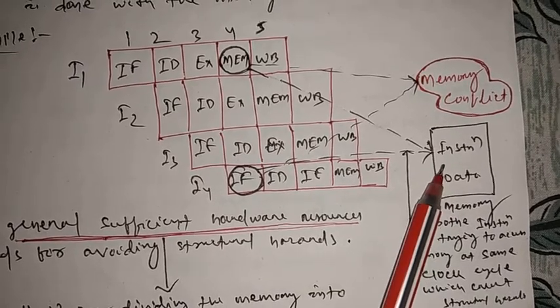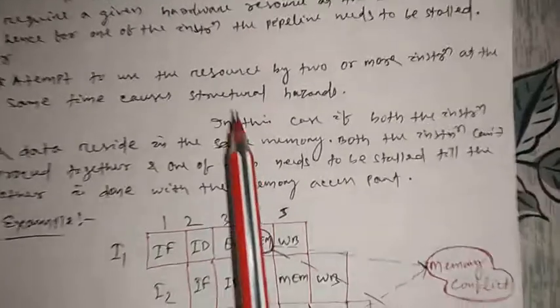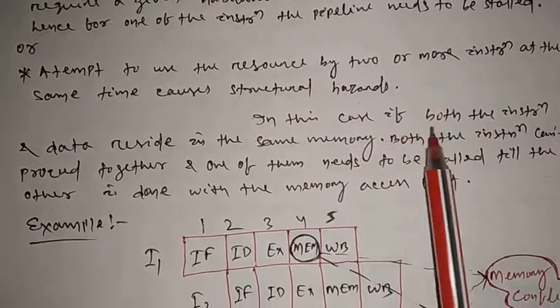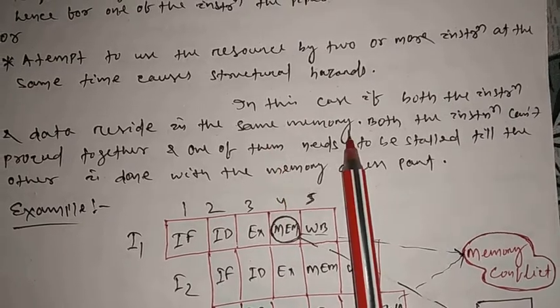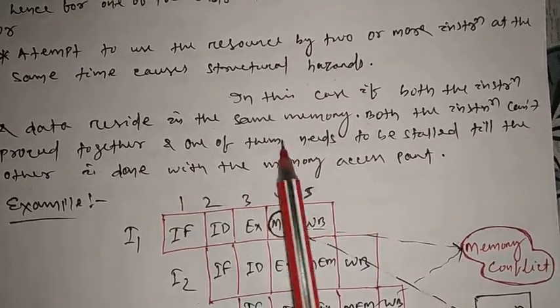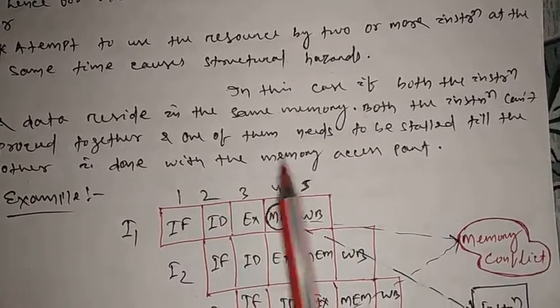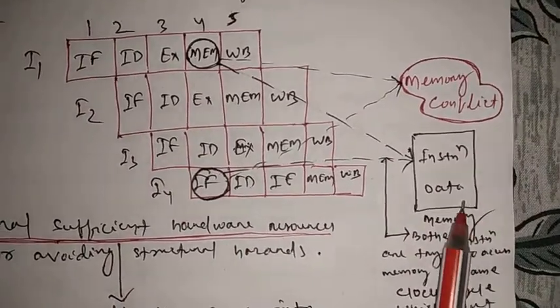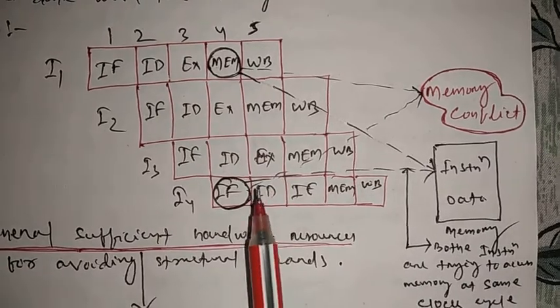In this case, if both instruction and data reside in the same memory, both instructions cannot proceed together, and one of them needs to be stalled till the other is done with the memory access part. Means if both are trying to access the memory at the same time, nobody can access it, so one needs to be stalled.